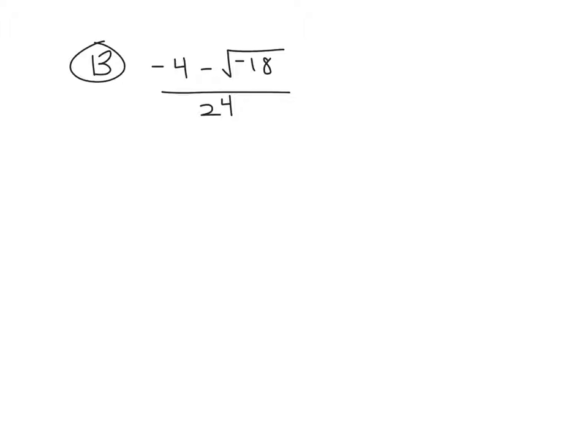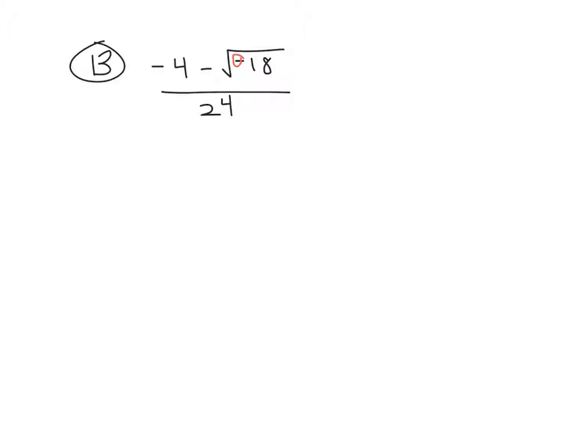All right, I also want to do question 13 for you, or with you. So question 13 says negative 4 minus the square root of negative 18, all divided by 24. Now the first thing you'll notice is that I have a negative sign underneath my square root.